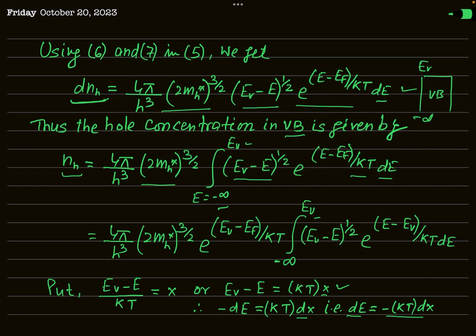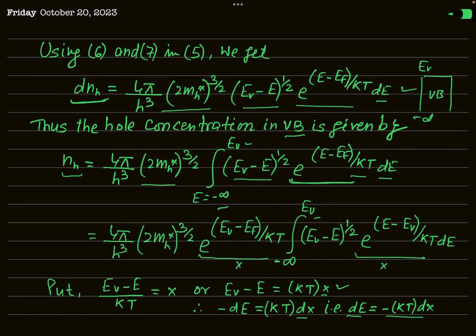In place of this (E minus EF) over kT, I have written e to the power (EV minus EF) by kT times e to the power (E minus EV) by kT. You can multiply these two exponential factors, and after multiplication you will see that the result remains unaltered.